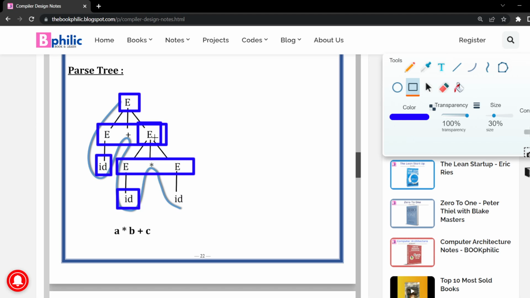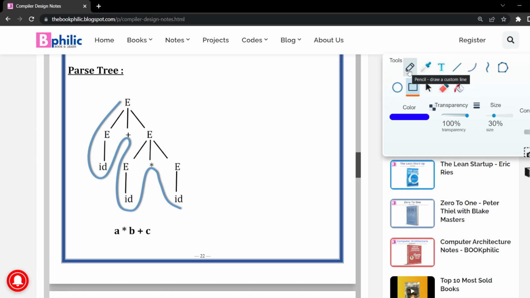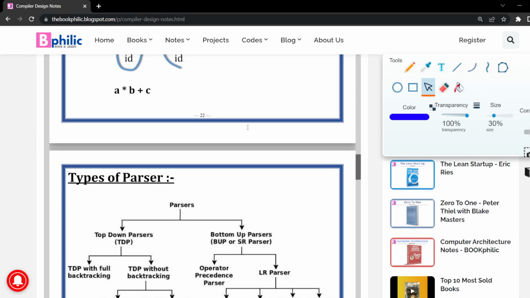That's why first of all it has been derived into capital E star capital E, and then ultimately id. So hope you have understood how we are getting this syntax a star b plus c. So this is the parse tree generation, and this is the main function of a parser.